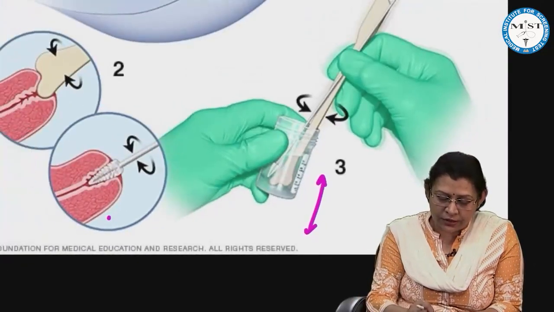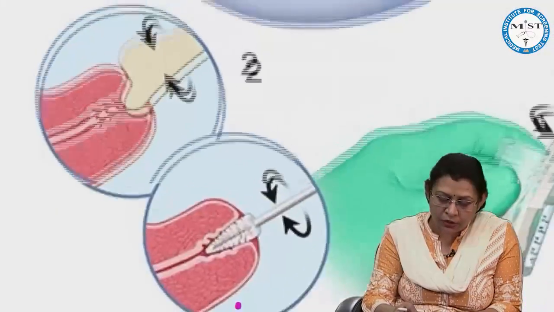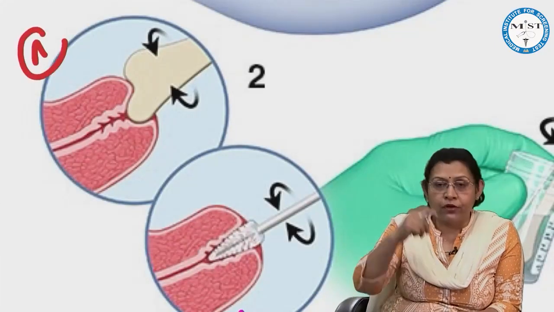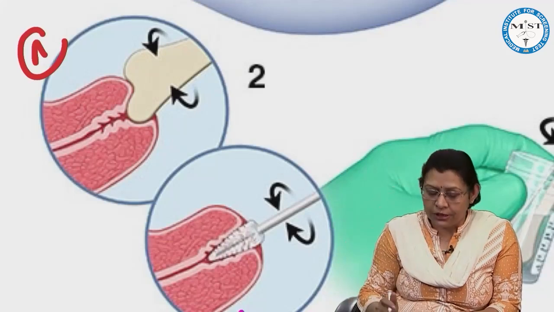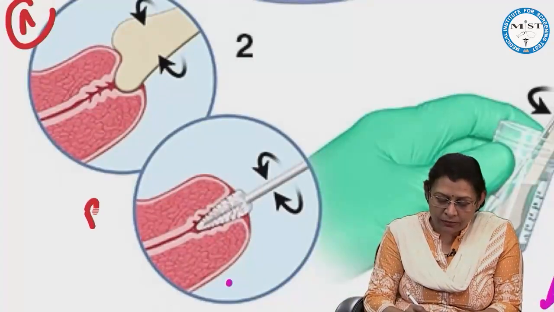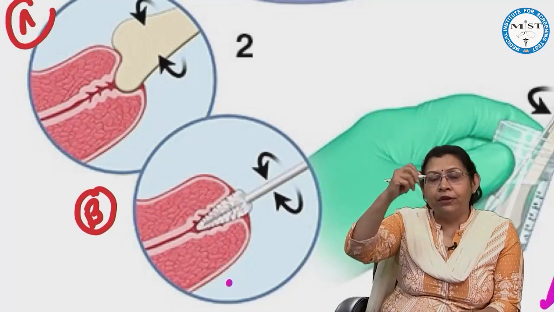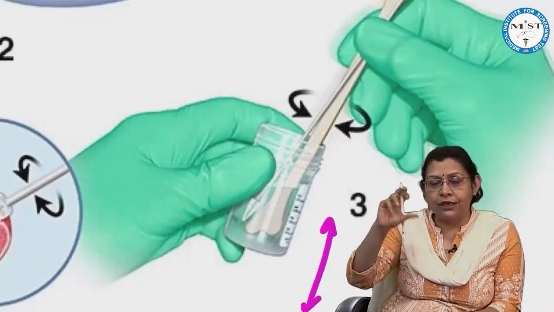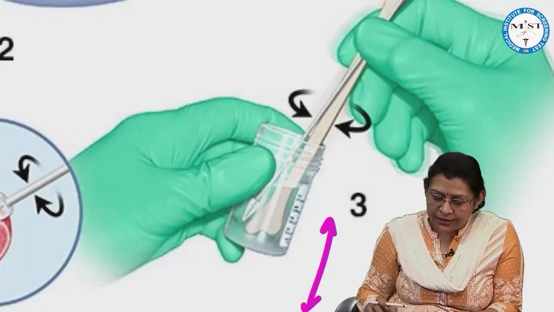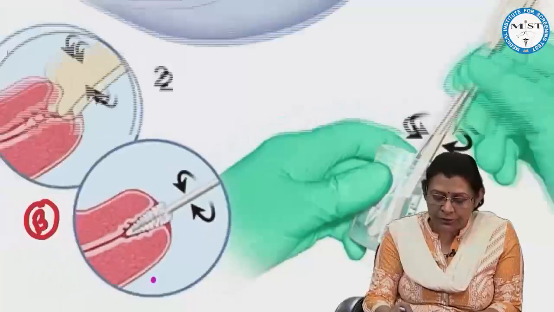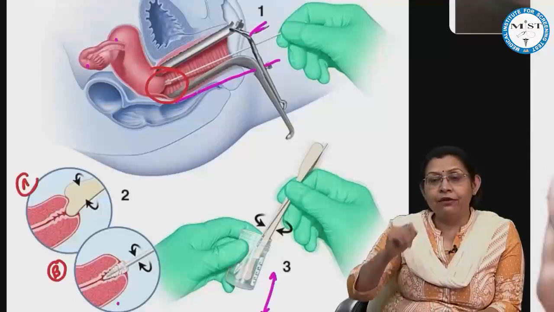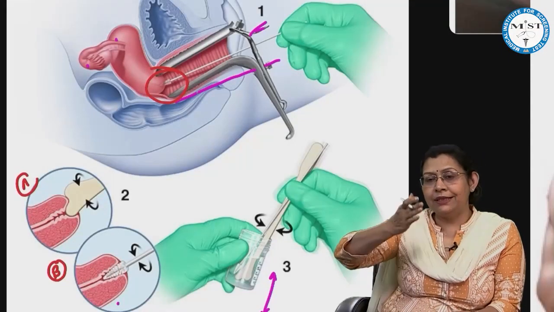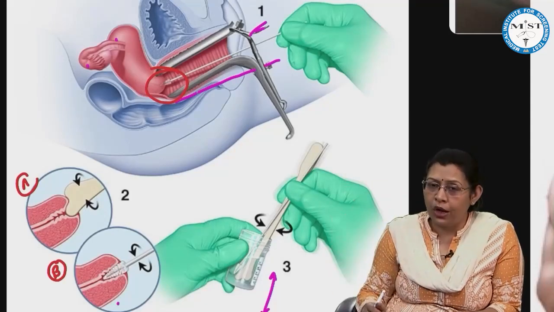If you see the close view, this is the Ayre's spatula taking the smear from the ectocervix, and this is the endocervical brush taking the smear from the endocervix, and then finally we collect it in a container and send it for cytological examination. So this is actually the pap smear, which is again a secondary level prevention or early detection of cervical pathology, but obviously this is applicable from the district hospital onwards.